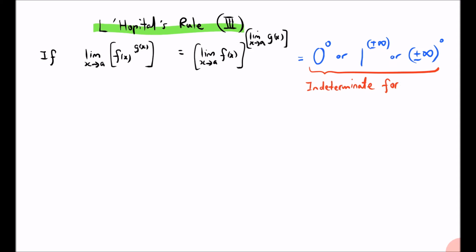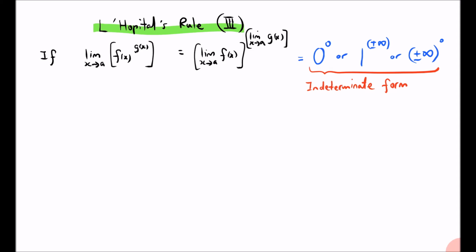If any of these indeterminate forms is obtained, we can still apply L'Hopital's rule, but not immediately. We have to do some manipulations to simplify this indeterminate form to the indeterminate form required by L'Hopital's rule.